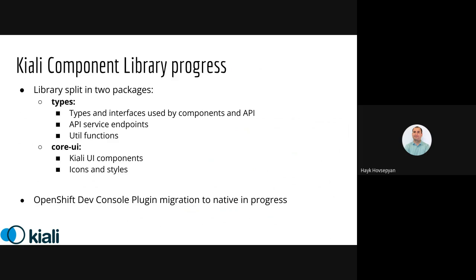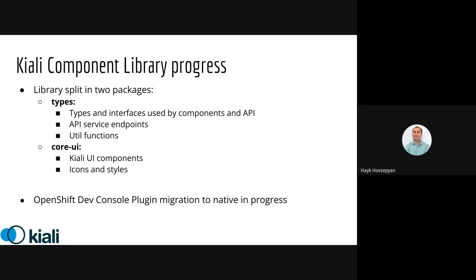the Kiali component library. The thing is that in the OpenShift Dev Console plugin, we are in a migration process to support the native UI, and for this we are reusing the Kiali core components, and these components are transferred on the Kiali side into different packages.